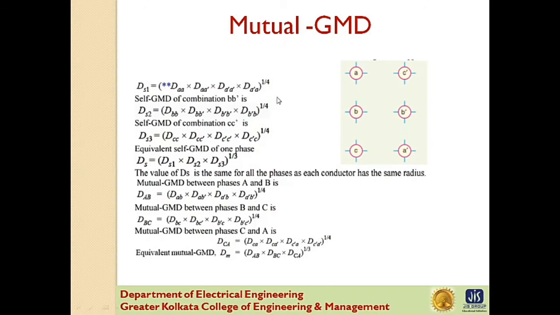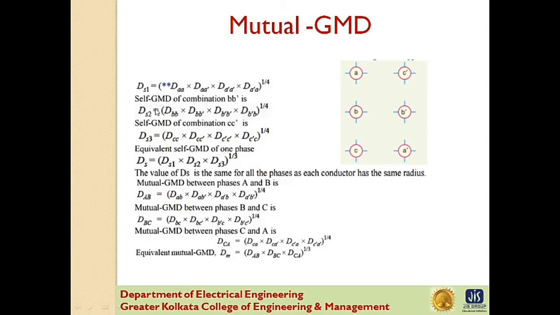The self GMD of the combination AA' is given by Ds1 equals (Daa into Daa' into Da'a' into Da'a) whole to the power 1 by 4. Daa and Da'a' mean the self GMD of the conductor, and Daa' and Da'a is the distance between these two.